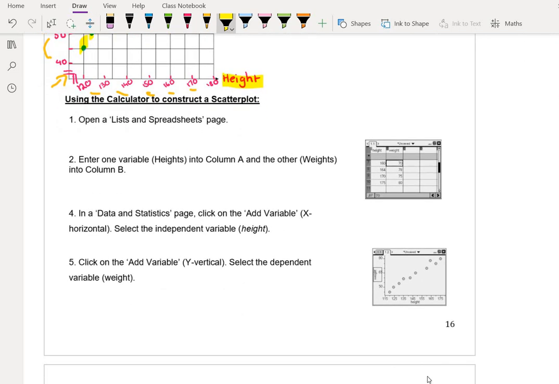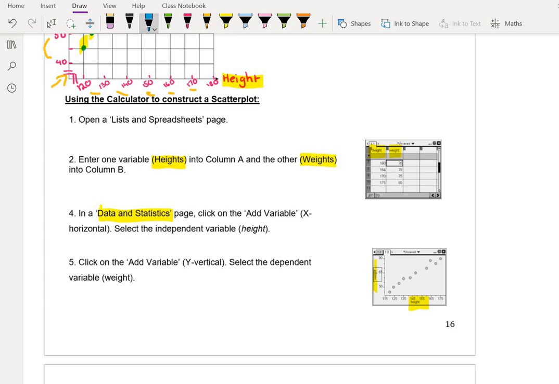This can be done on the CAS as well, and relatively easily. You just need two columns, and you need to label them. I'll put the data in and go to a new page, Data and Statistics, where you put the variables in the right place, and it gives you a scatter plot right away. Try that out if you haven't done it before.